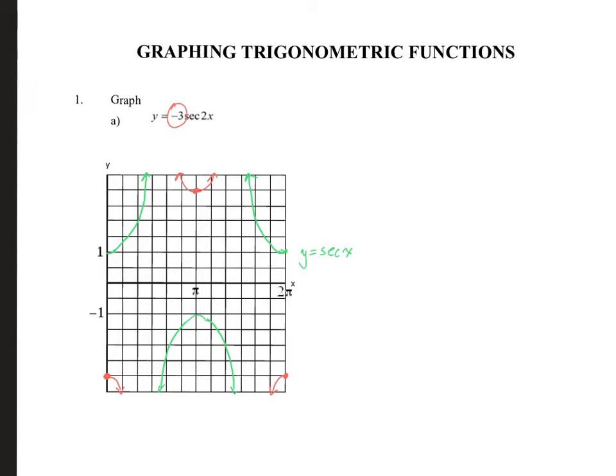Now, what's important for us is we may feel like we goofed up because we only see a little bit of the function. But keep in mind that between 0 and 2 pi, and on our y-axis, if all I can see is up to 3.5 and down to negative 3.5, then it's possible that within that window, there is only a small portion of what I can see on my graph.